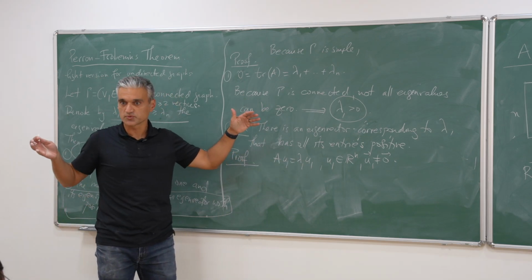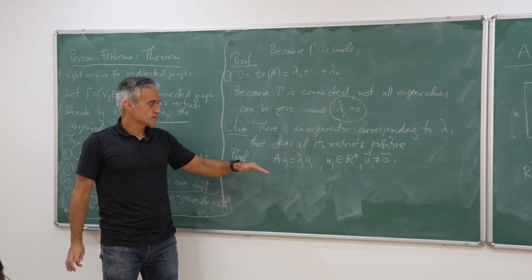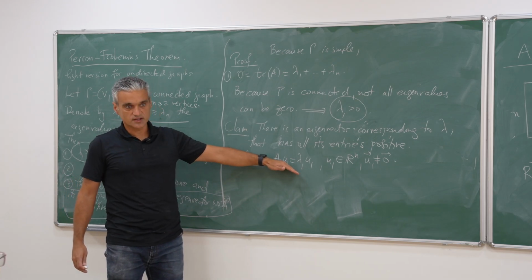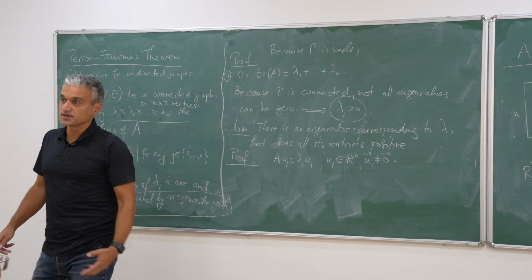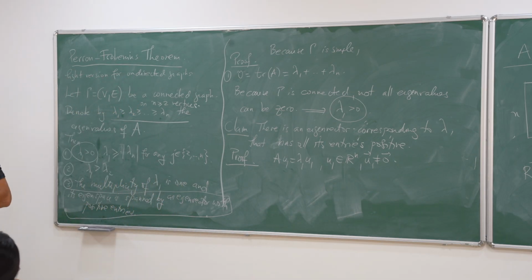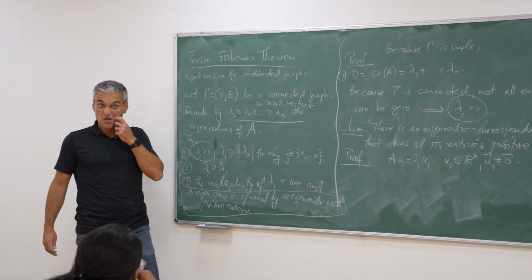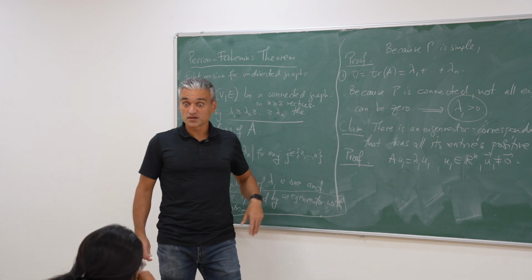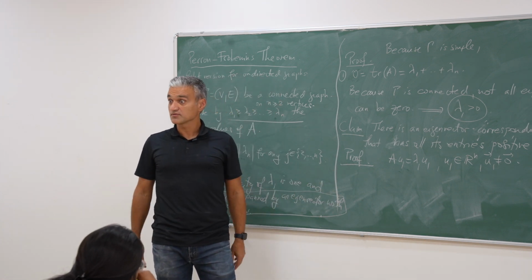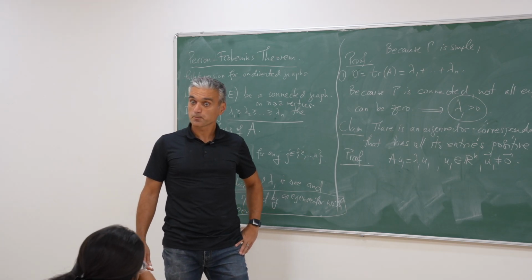The first theorem that we did in class: it's real symmetric, so by spectral decomposition you're going to have an eigenvector here. How do we go about this? If you just say any eigenvector will have this property, it's not going to be true. It's not true that every eigenvector here has positive entries. So if somebody wakes you up at night and says, here's my matrix, here's my eigenvalue, where do we go to find an eigenvector that's going to be positive?